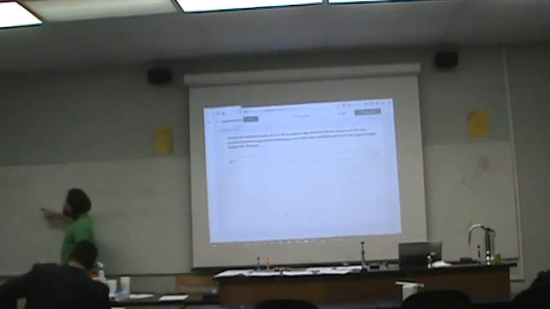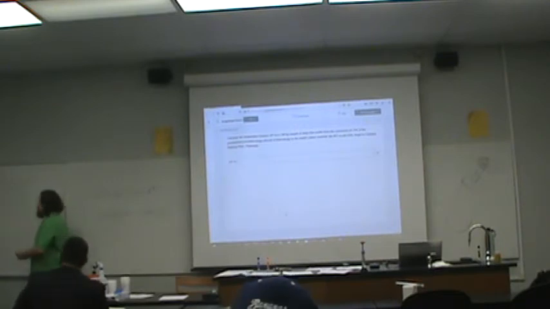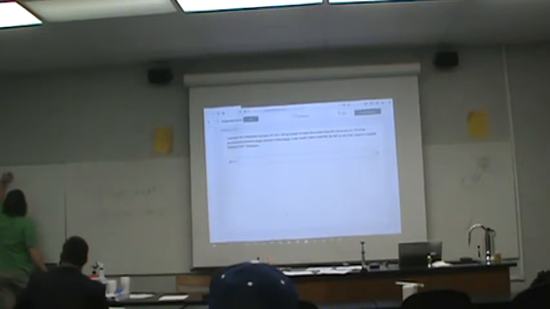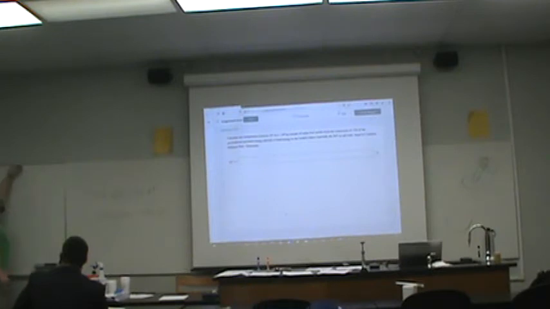So we want the heat added to the water is equal to the mass of the water times the specific heat of water, which is a constant 4,186 joules per kilogram times degree Celsius, times delta T. Note that the question is asking you for delta T. You want to solve for delta T equals blank.